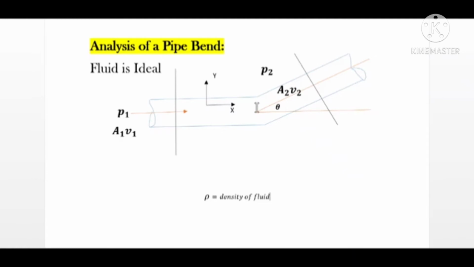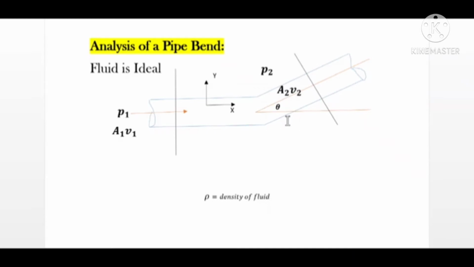So let Fx be the x component and Fy be the y component of force exerted by fluid on the bend, and bend will exert the equal and opposite force onto the fluid system.